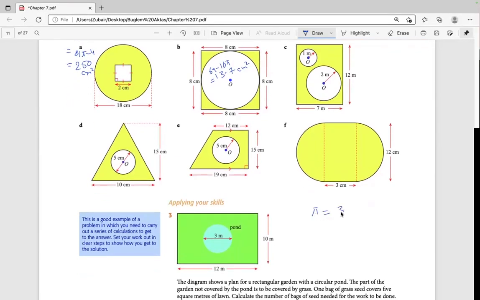Pi is equal to 3.14. Pi is also considered as 22 by 7. And the third one is as it is fed in your machine, that is 3.141592654 and so on, depending on the display capacity. And when we normally use our calculators, this is what we are using.